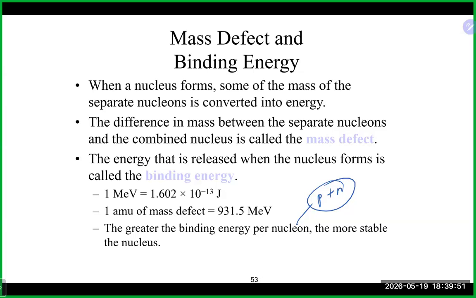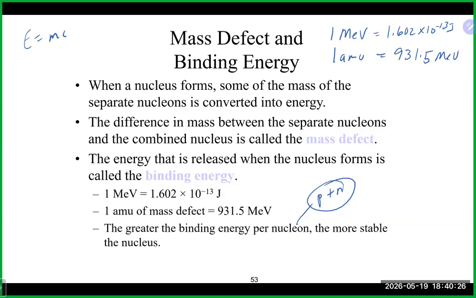Now, you could use Einstein's equation, as we will see here, to calculate the energy. There's also a shortcut conversion, and you maybe don't have to use Einstein's equation. One is 1 mega electron volt is equal to 1.602 times 10 to the minus 13 joules, and 1 AMU of mass defect is equal to 931.5 mega electron volts.